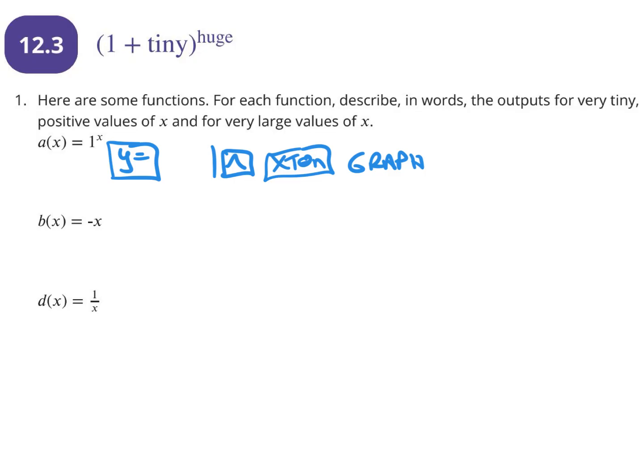It's not actually exponential, even though it is written in exponential form, because the output always stays the same, it doesn't curve up on one side. This is not really an exponential function.